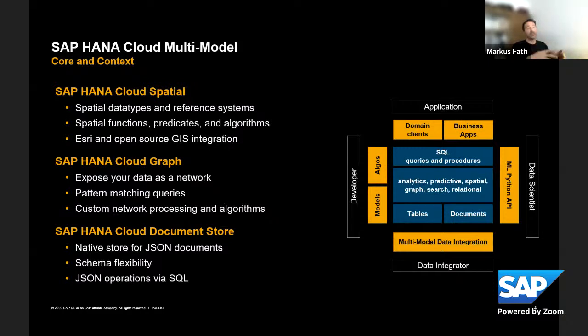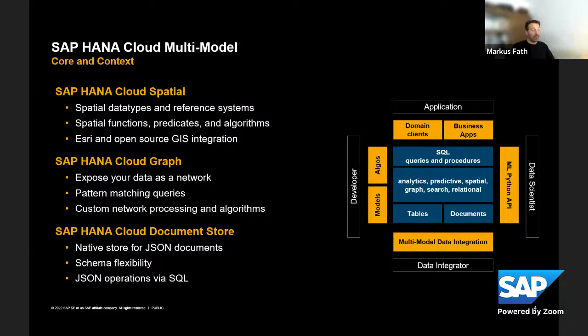And last but not least, there is a wide variety of so-called GIS applications, geographical information systems. Esri is one of those vendors, but there are also open source alternatives if you want to bring your spatial data on a map.